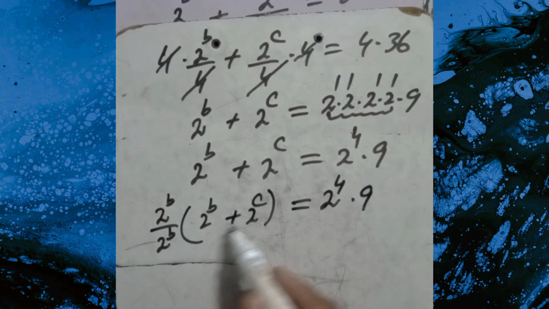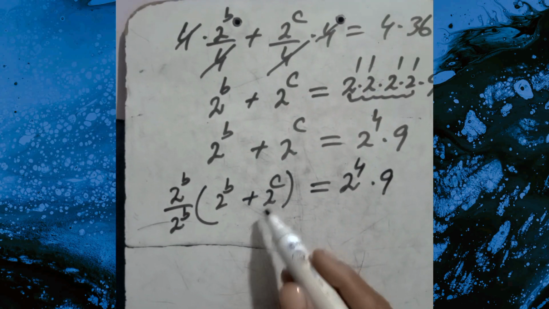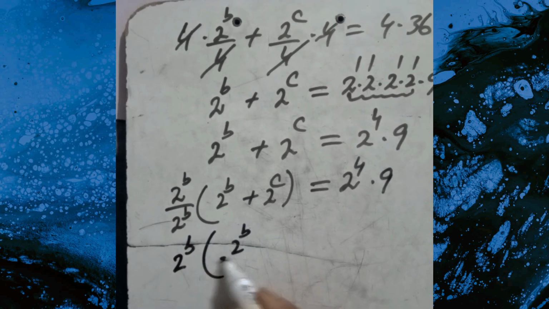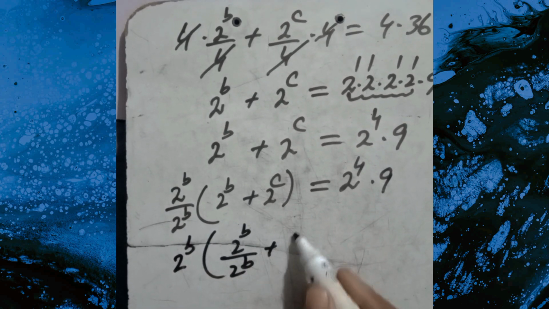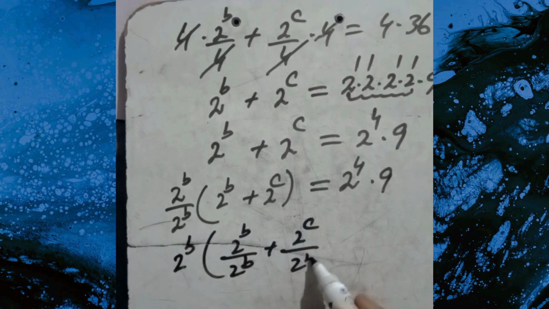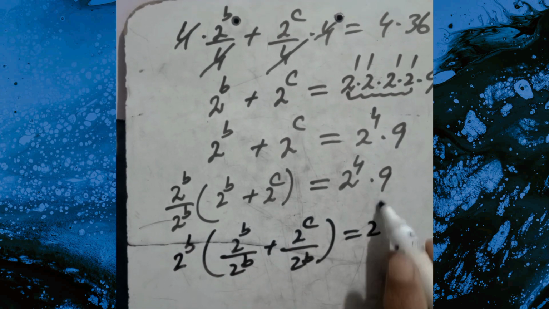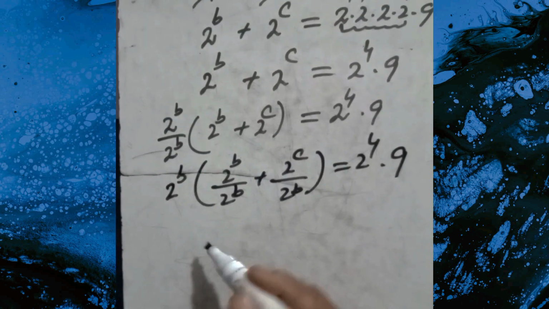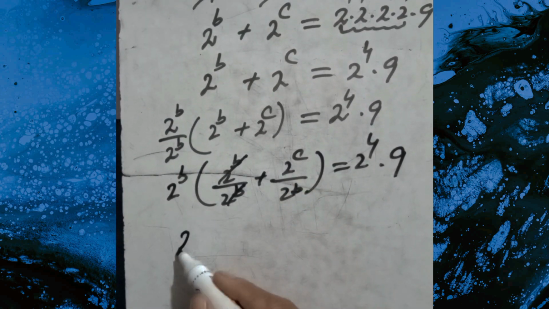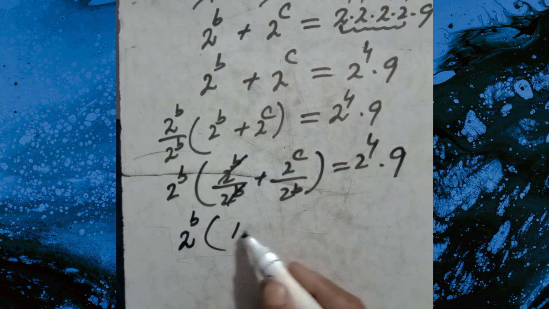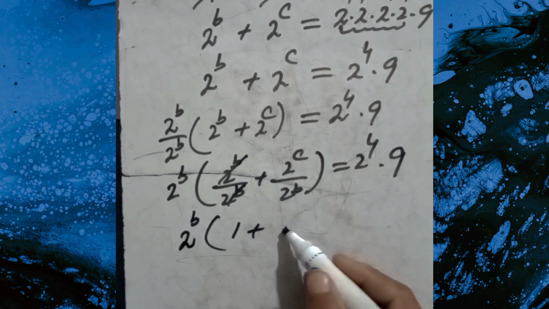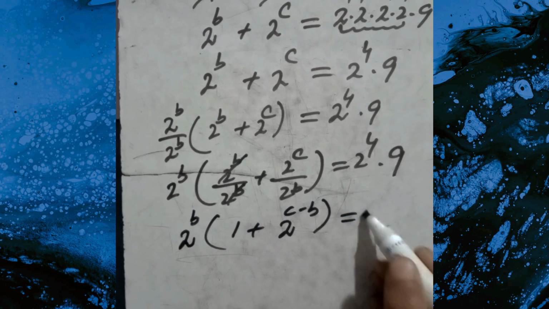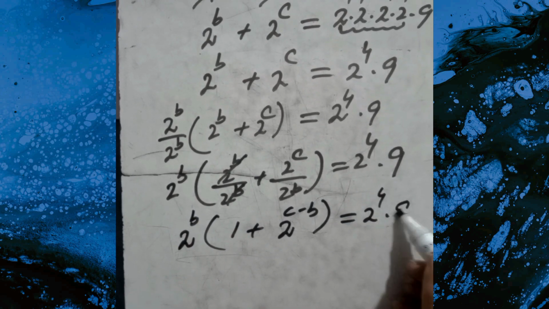Now this term is divided by 2 power b in the brackets: 2 power b divided by 2 power b plus 2 power c divided by 2 power b is equal to 2 power 4 into 9.